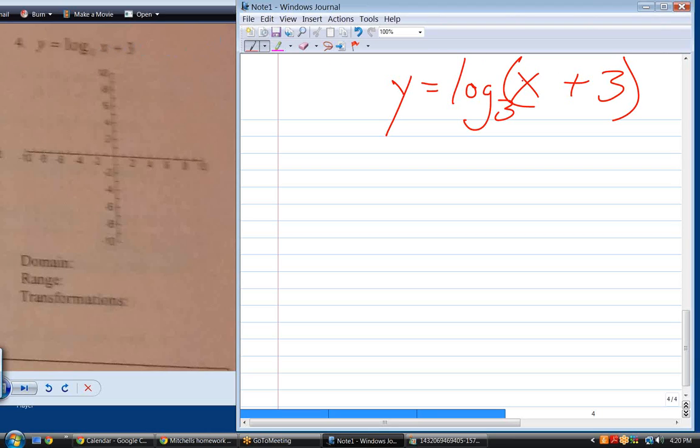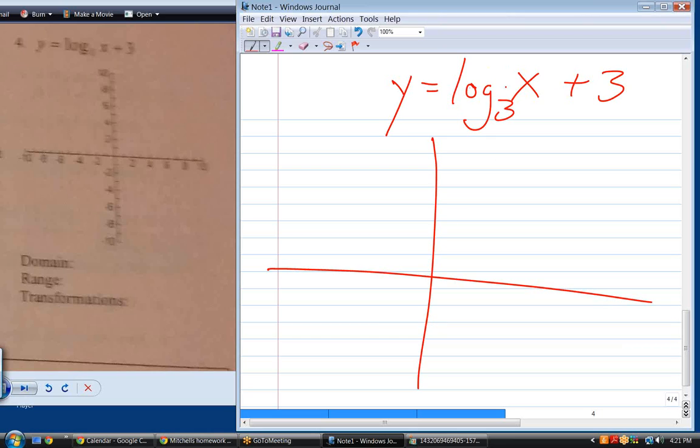But I don't see any parentheses, so this plus 3 at the end is a vertical shift. It's not a horizontal shift. Alright. Okay? So it's 0 to infinity. Yes. What's the range? All reals. And what is the transformation? Is it up 3? That's it.